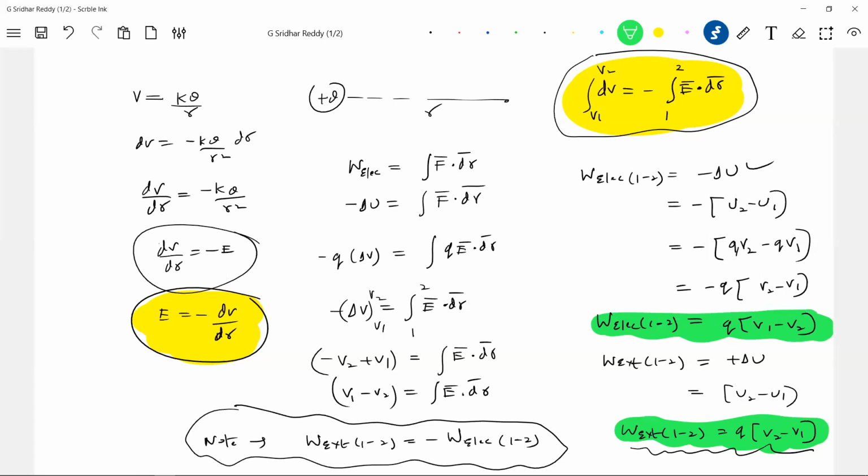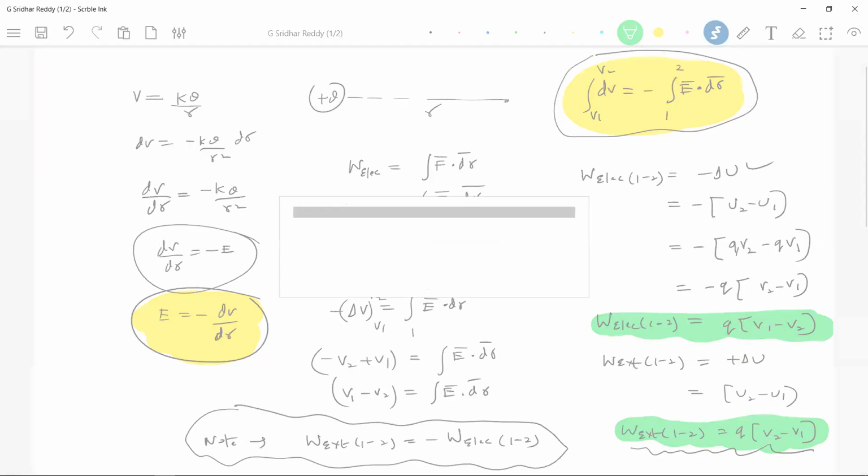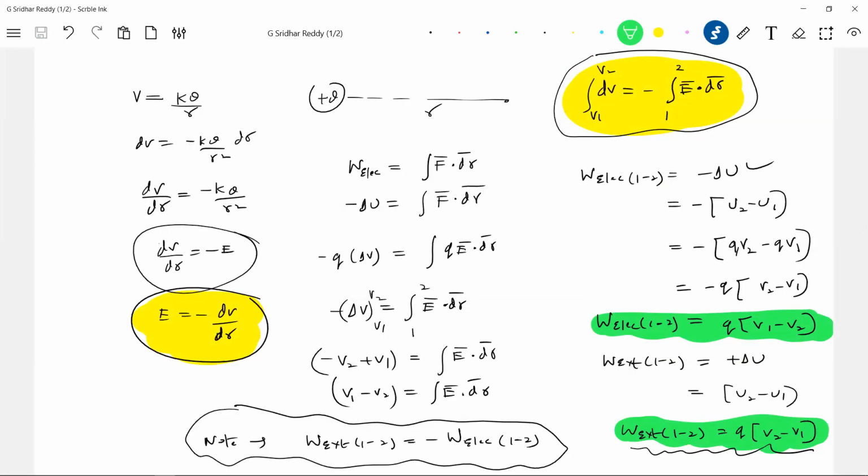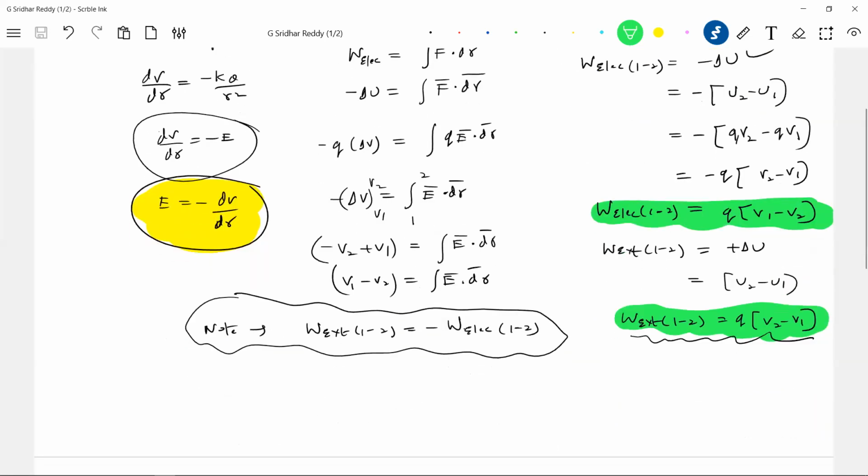The yellow color, green color, what I highlighted, finally, this is what we are going to use in the numericals. A very generalized conclusion. So you can see, you can work out so many numericals just based on this idea. Okay, let me do one thing. What is the use of this studying? See, now more math-based problems are there, but in physics, rather than that, we'll be focusing more on numericals of this kind. Okay, let's take a point.